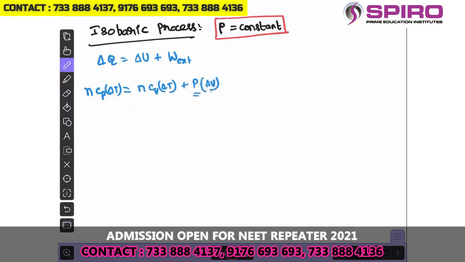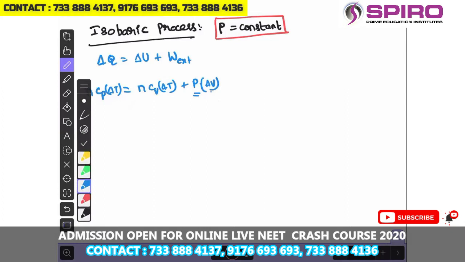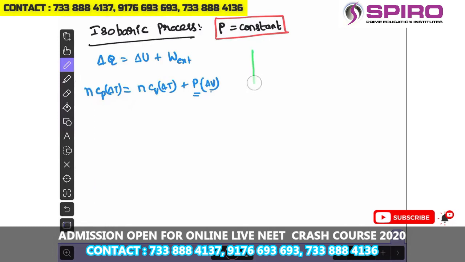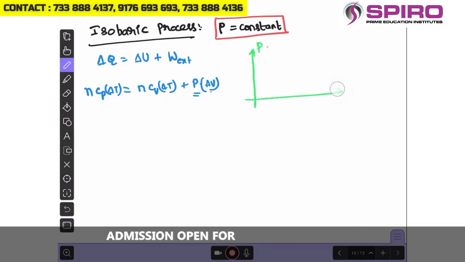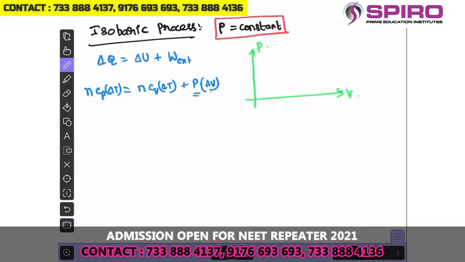Being pressure constant, in the indicator diagram you take the graph of the process with pressure along the y-axis and volume along the x-axis. Since pressure is constant, the graph is perpendicular to the pressure axis.